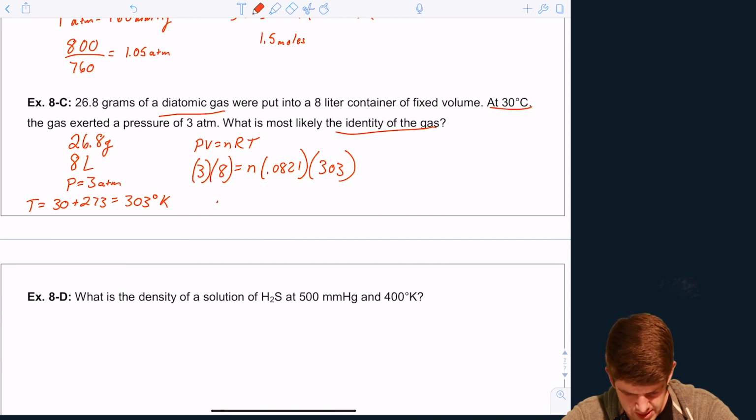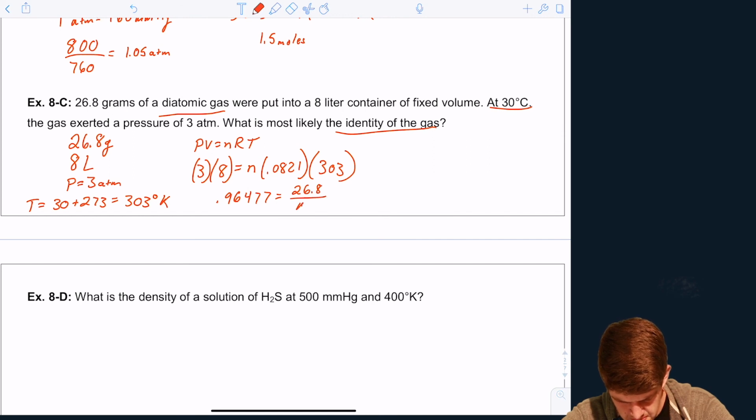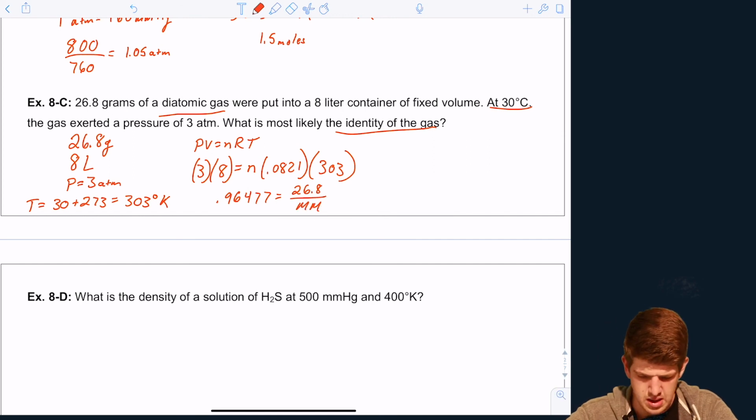This means that 0.9647 is equivalent to the number of moles that we have. And our moles are going to be 26.8 over the molar mass. I'm switching here between molar mass by representing it with two uppercase M's.